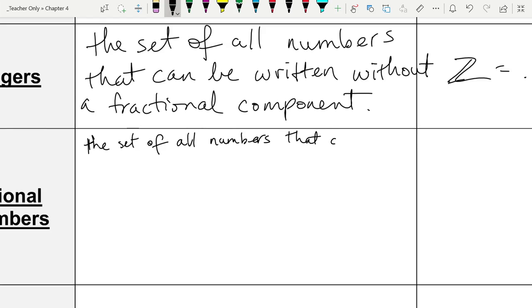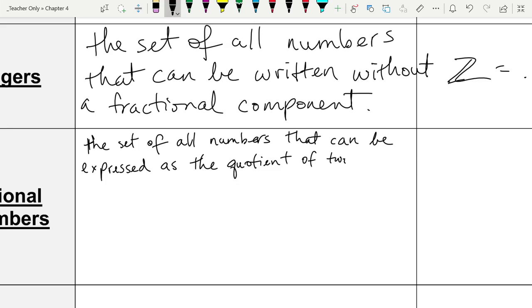that can be expressed as the quotient of 2 integers. That's what rational numbers are.